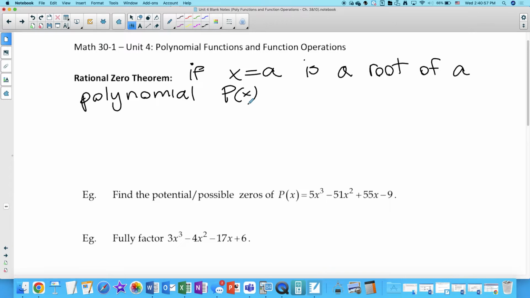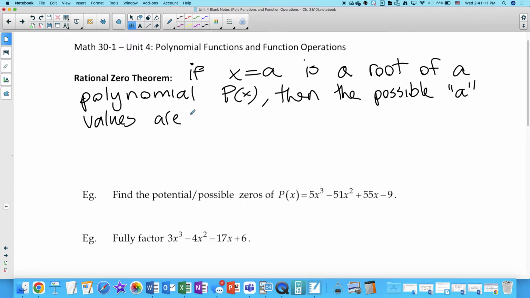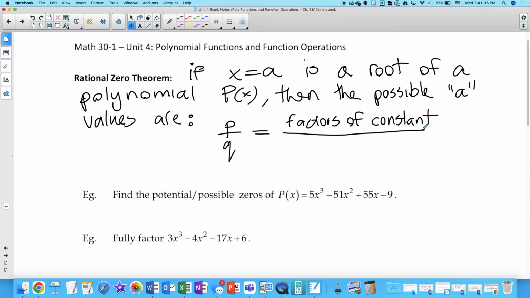Then the possible a values take the form of a rational number p over q, where p are factors of the constant over q, q are factors of the leading coefficient. So factors of the constant over factors of the leading coefficient.